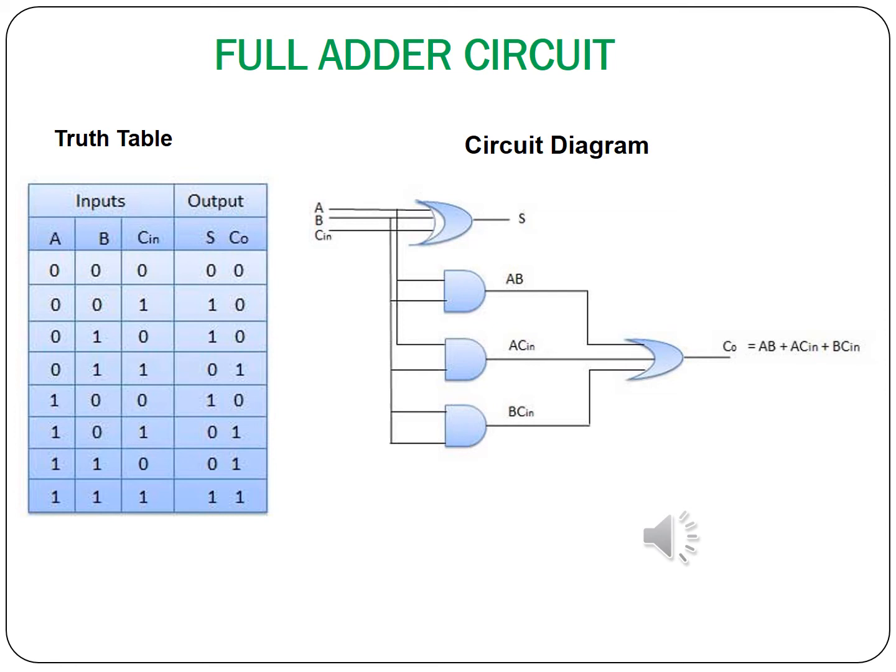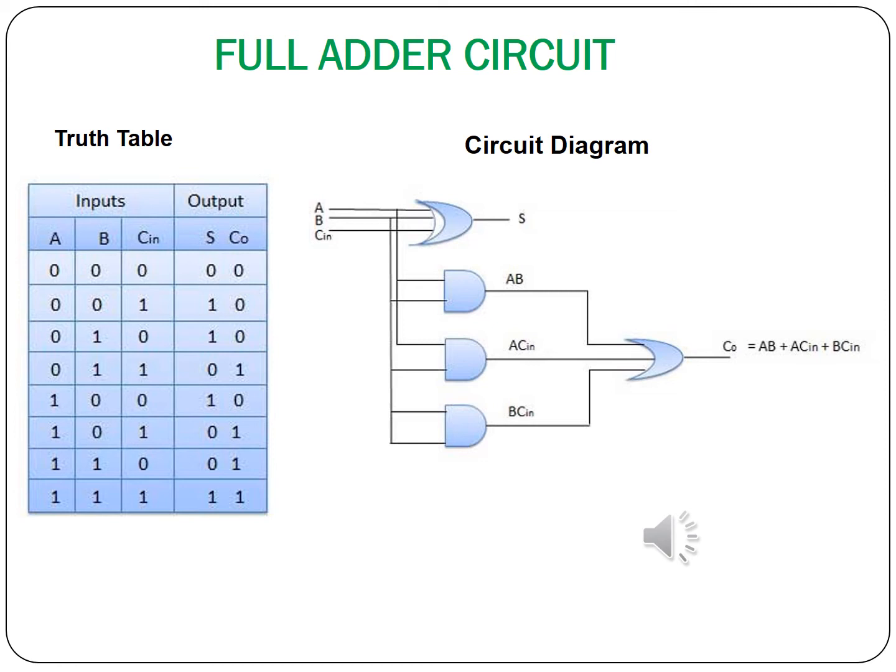For the 1 0 1 combination, sum equals 0 and carry equals 1. For the 1 1 0 input, sum is 0 and carry equals 1. When all the inputs are in the high state, that is 1, the full adder produces sum and carry equal to 1 1.